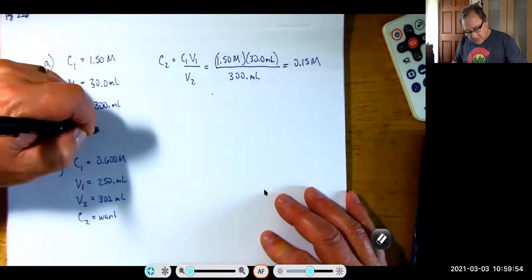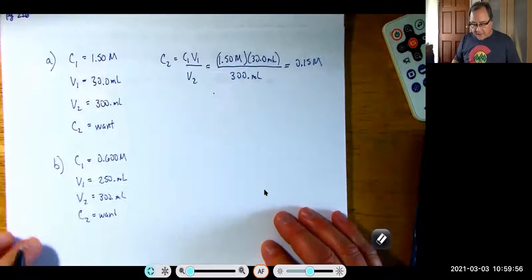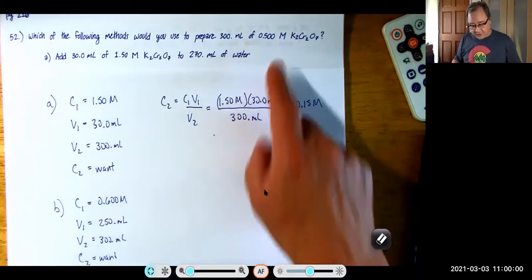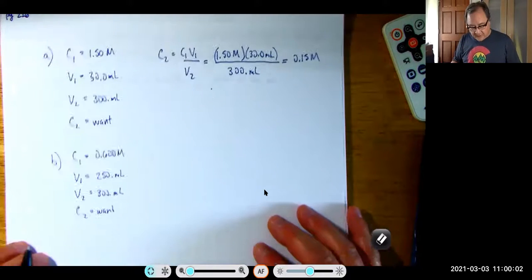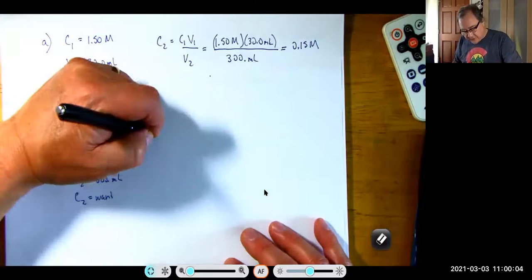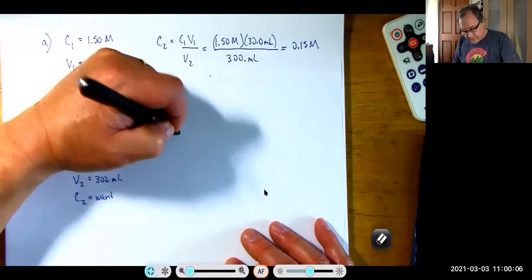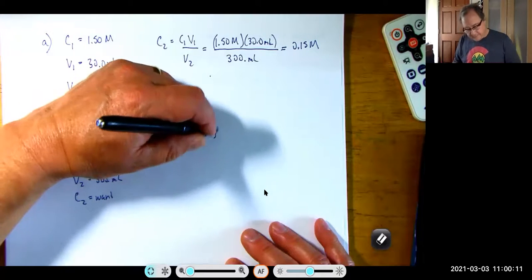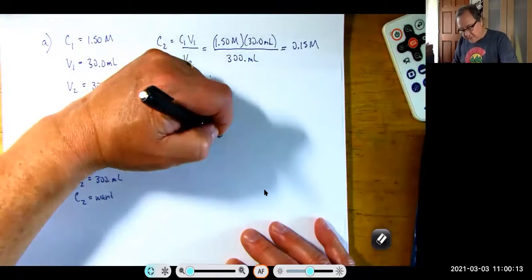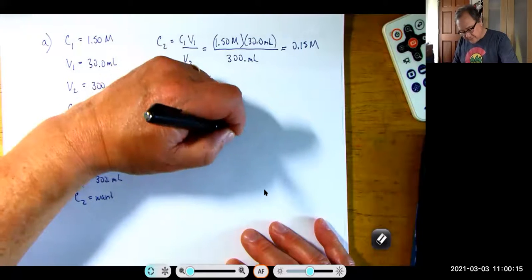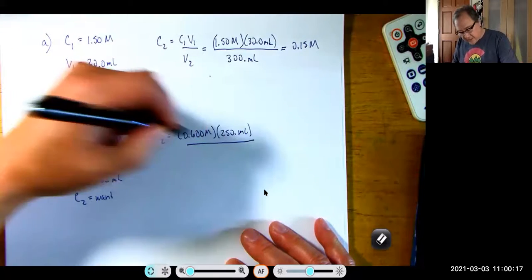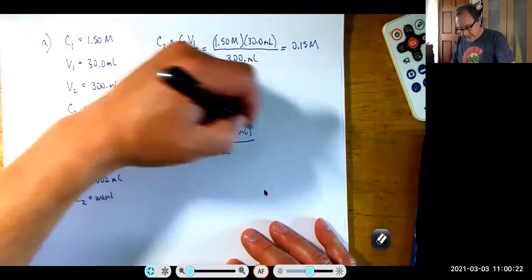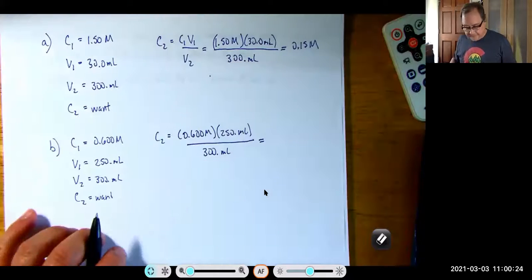And remember, we want to get a 0.500 molar solution. So in this case, C2 is equal to 0.600 molar times 250 milliliters over 300 milliliters. And let's see what we get here.